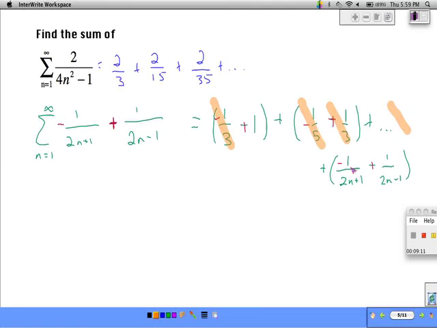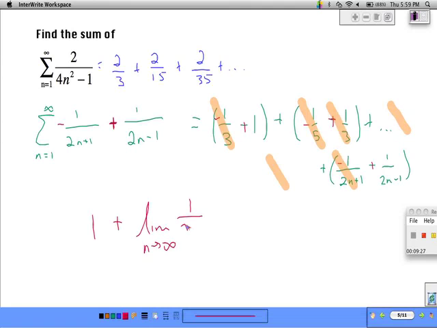The term before this will have a positive 1 over 2n plus 1, and that's going to cancel. What I'm left with is 1 plus the limit as n goes to infinity of 1 over 2n minus 1. Since the limit of this last term is 0, the sum of the telescoping series is just 1.